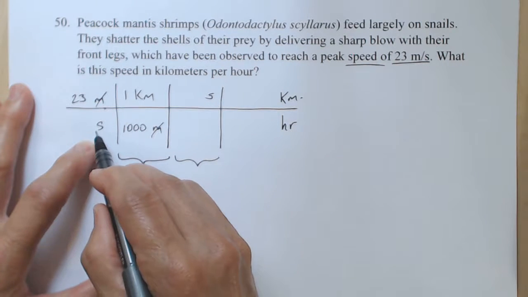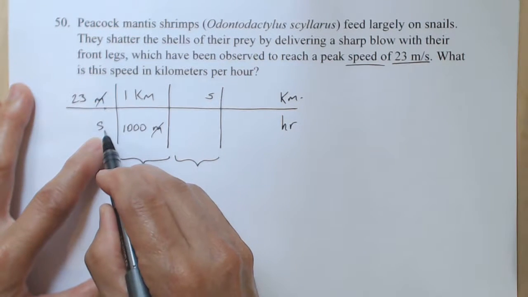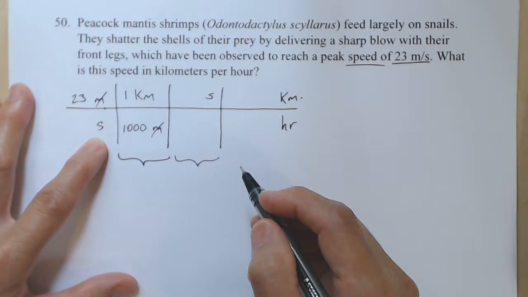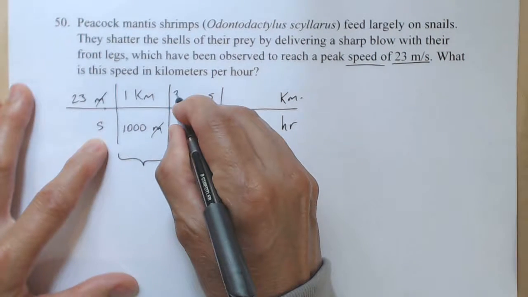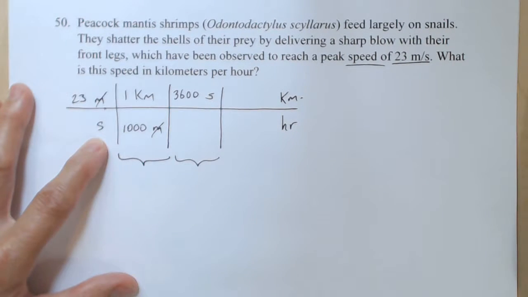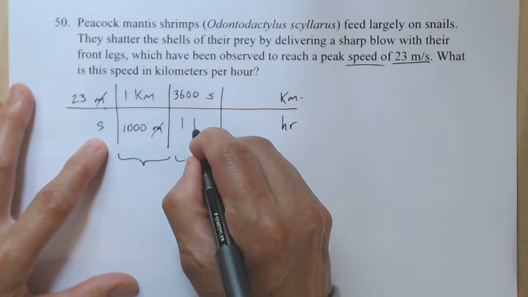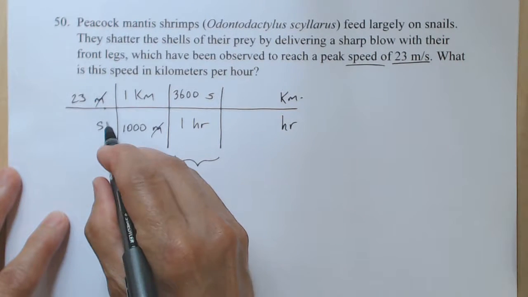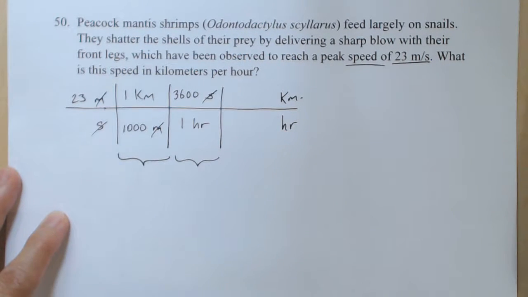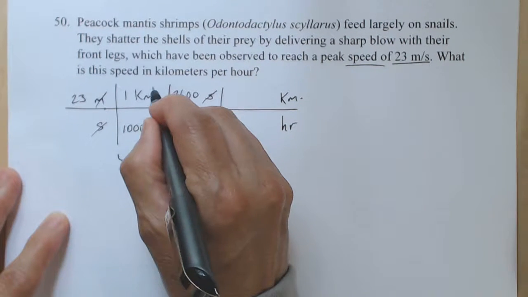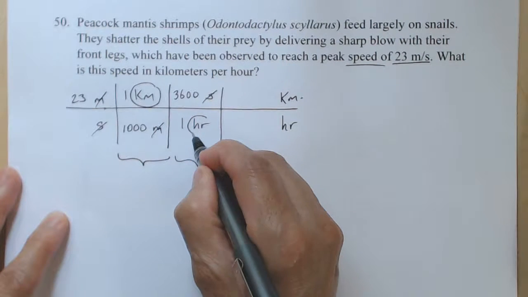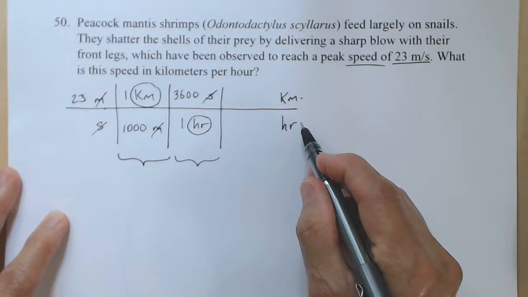That's because I want to be able to cancel seconds in the denominator over here with seconds in the numerator here. So what I'm going to use is the fact that 3,600 seconds is equivalent to 1 hour. Now I have the ability to cancel this seconds with that seconds, and if I circle what's left, I have kilometers in the numerator and hours in the denominator.